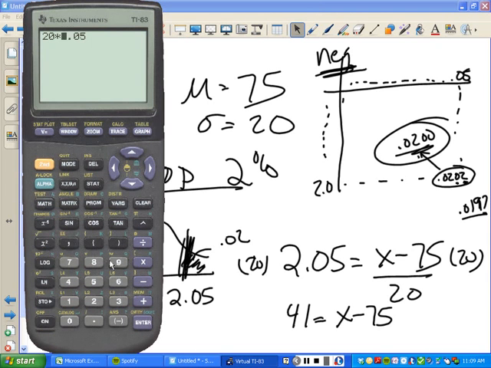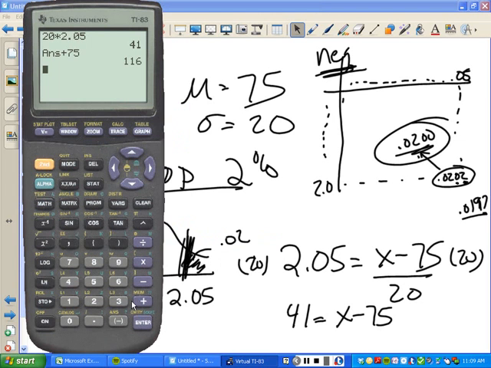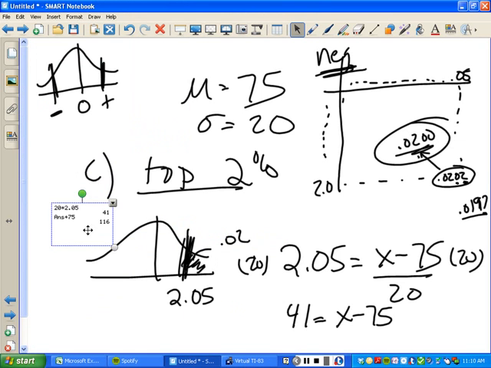So I can't even use the calculator. Then plus 75. Okay. Giving you a final answer of x equals 116.